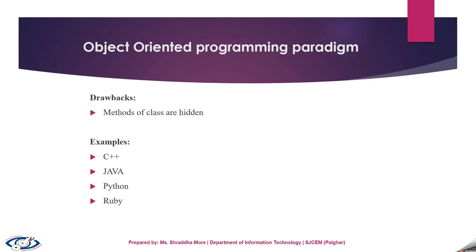Programming languages which come under the object-oriented programming paradigm are C++, Java, Python and Ruby. A drawback of this paradigm is that methods of a class are hidden.